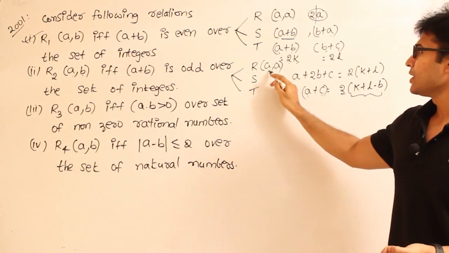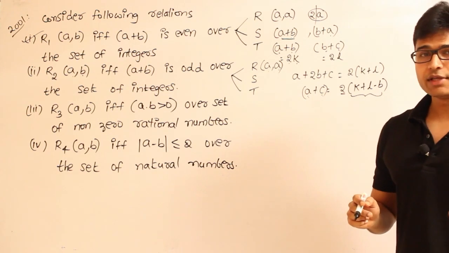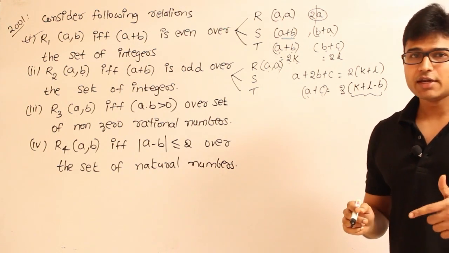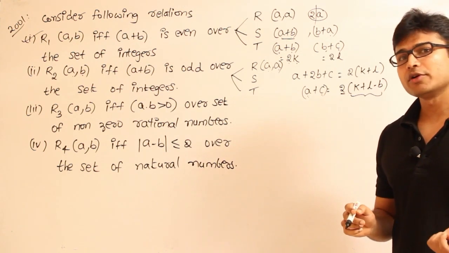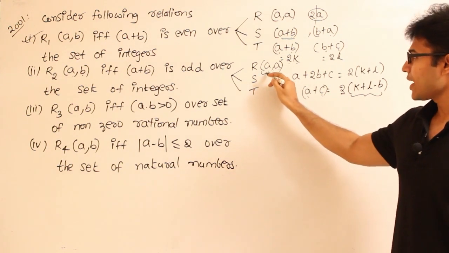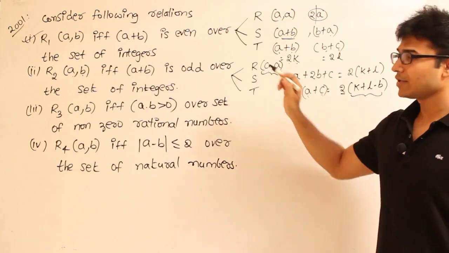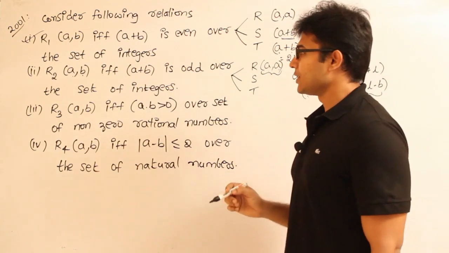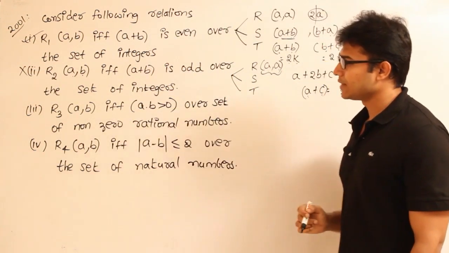Just add them. a plus a is going to be an even number, not an odd number. Therefore elements of type (a, a) will never be present in this relation, because the sum is not odd, the sum is even. Since we cannot add the diagonal elements into the relation, it is not reflexive. Since it is not reflexive, it is not an equivalence relation. Therefore R2 is not an equivalence relation.